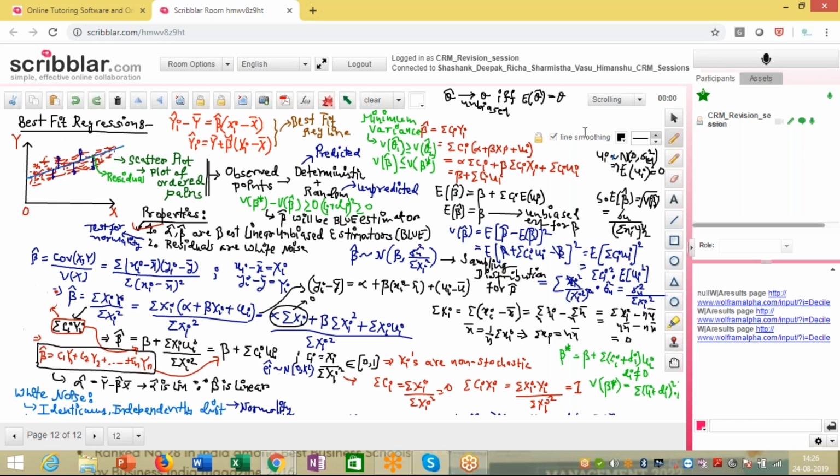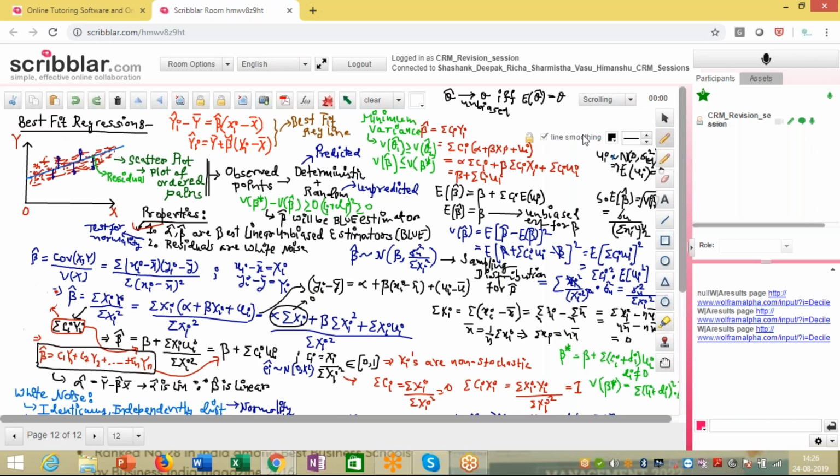Good afternoon, everyone, and let's get started. In the last session, we were discussing the classical linear regression model.